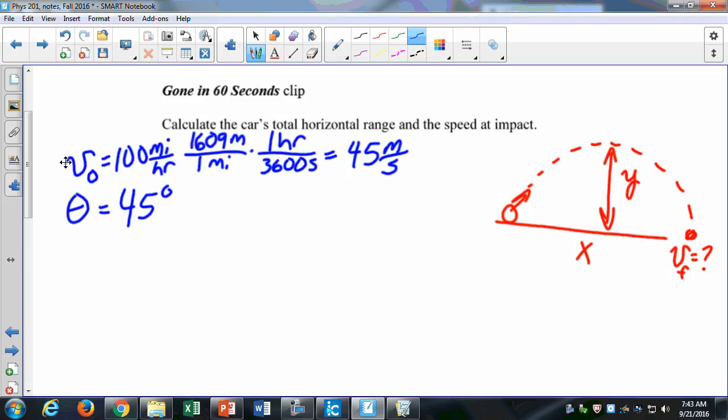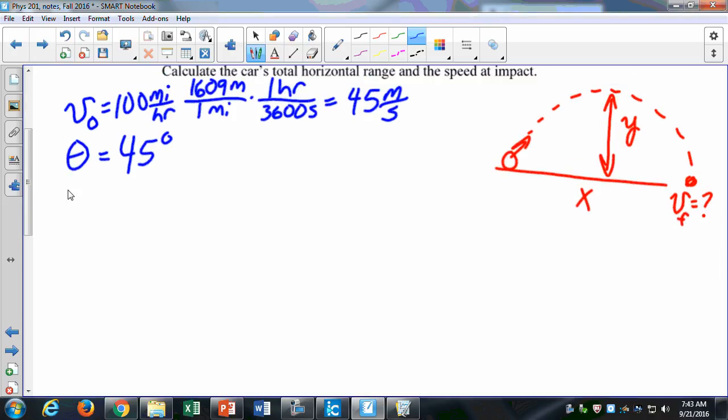All right, so the first thing that we need to do here is to find the time that he was in the air. And most of the time in your projectile motion problems, unless the time is provided, that's going to be your big task, is to find the time that he's in the air. We can do that a couple different ways, but it will almost always involve using the y motion.